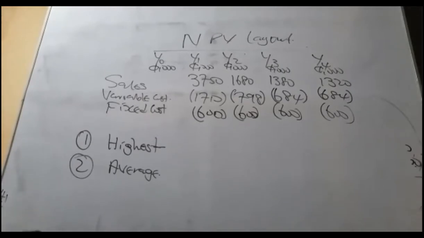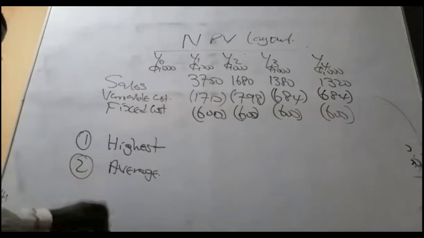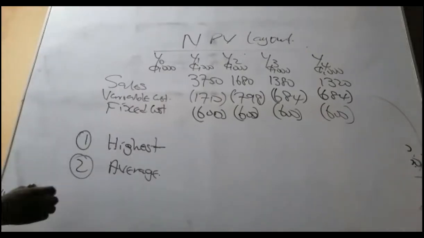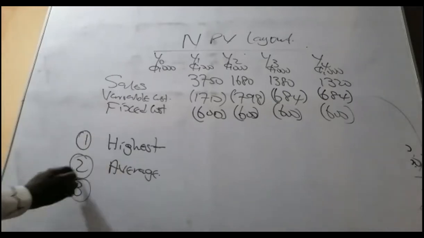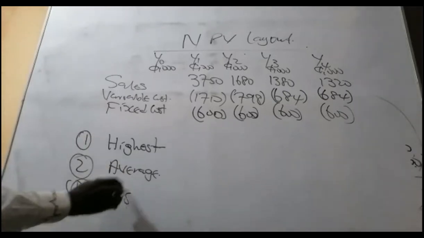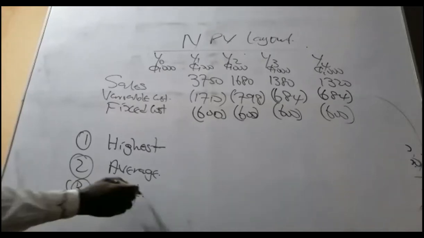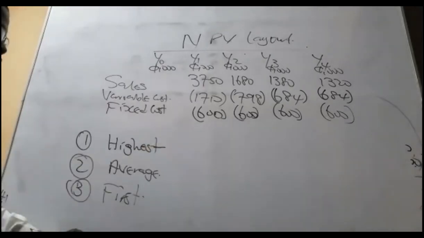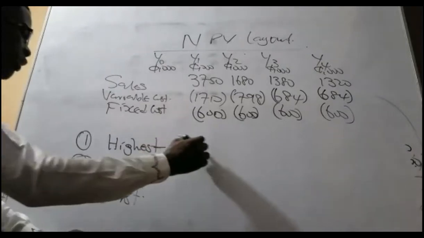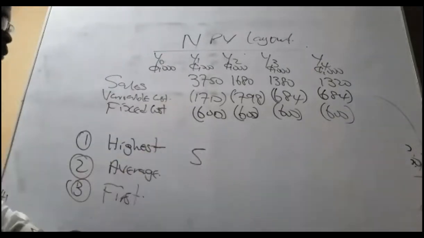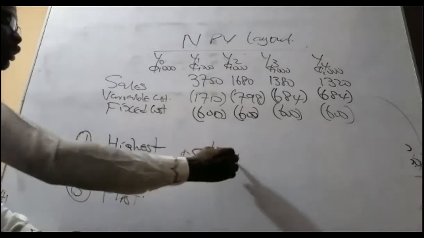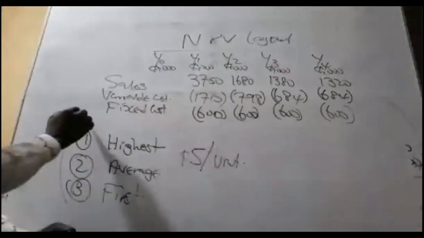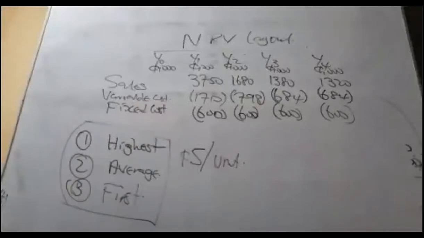Or you can also use the first year's operation. So if you meet a question where the fixed cost was given per unit, like a fixed cost of 5 Ghana cedis per unit, these are the 3 acceptable ways to value the fixed cost.